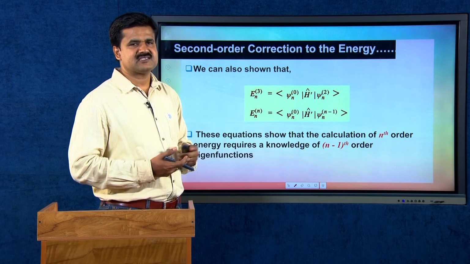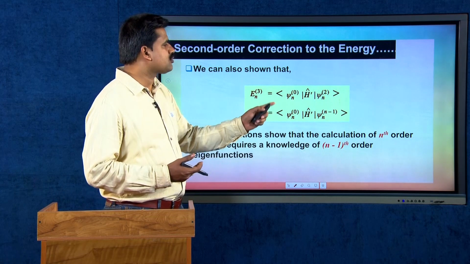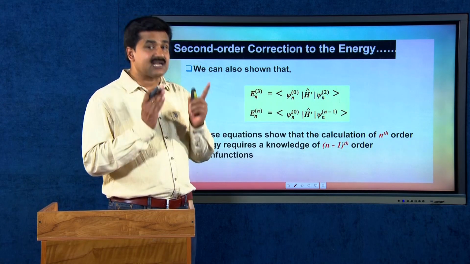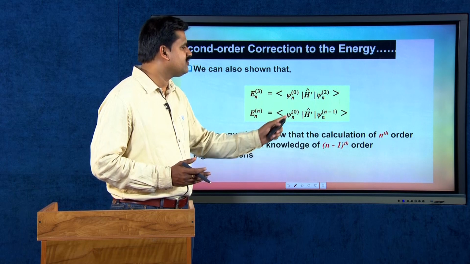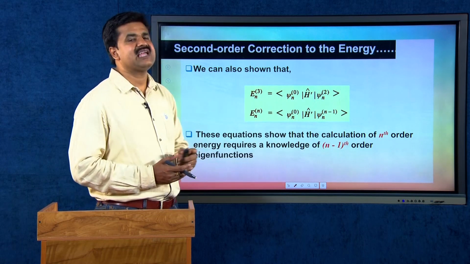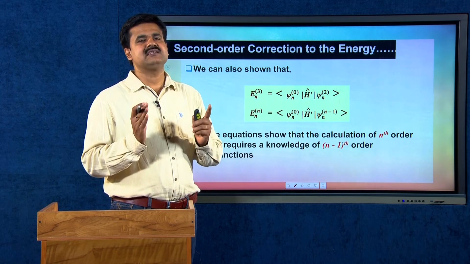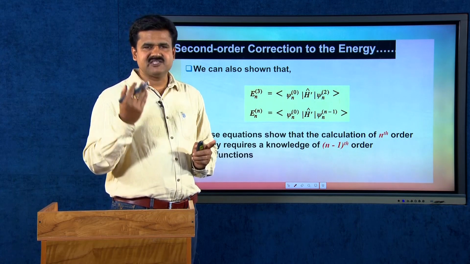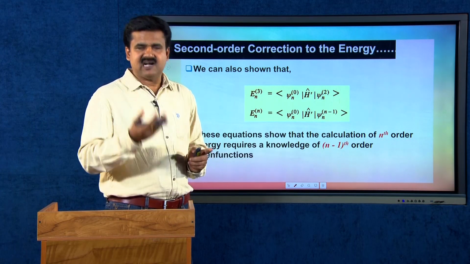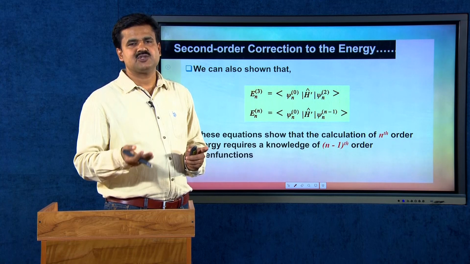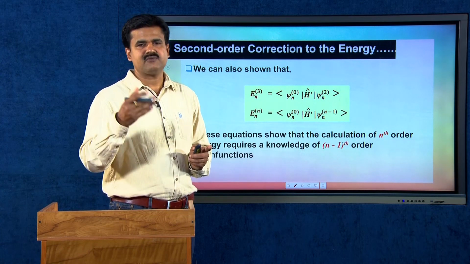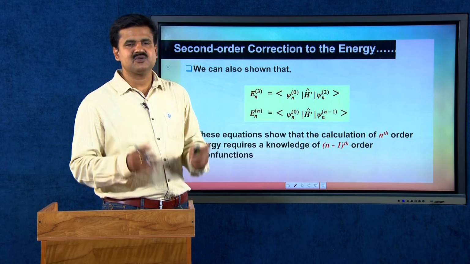From these equations, it can be shown that calculation of nth order energy requires a knowledge of (n minus 1)th order eigenfunctions. That is, to get the fifth order correction, I must have the wave function corresponding to the fourth order correction, or fourth order wave function correction is also required.